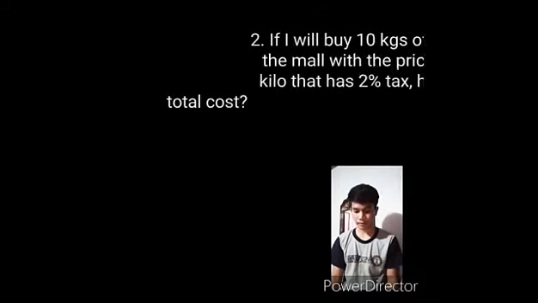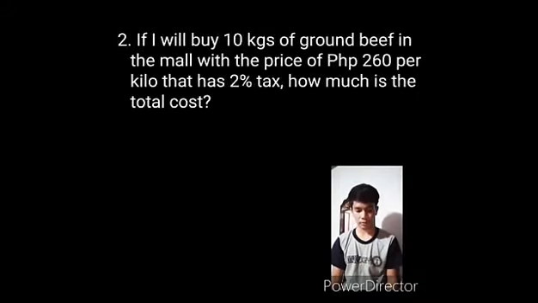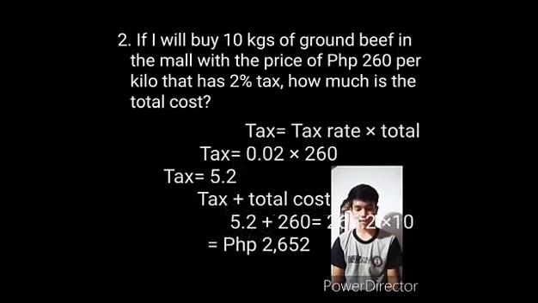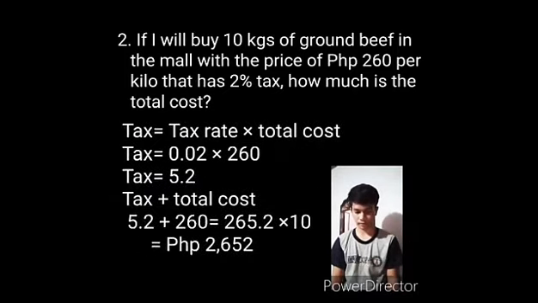Let us have this example number 2 about tax. If I will buy 10 kilos of ground beef in the mall with a price of 260 per kilo that has a tax of 2%, how much is the total cost? So, tax is equals to sales tax rate times total cost.